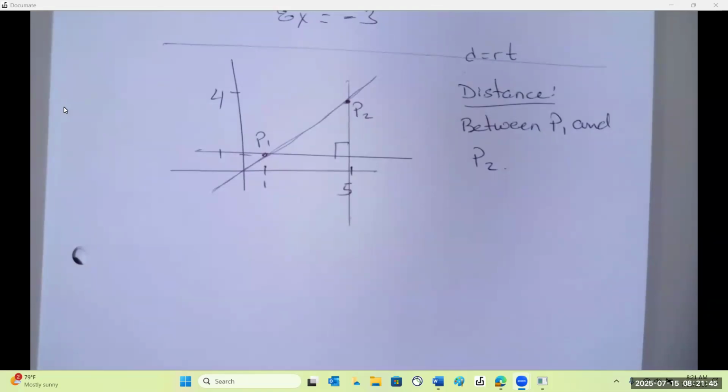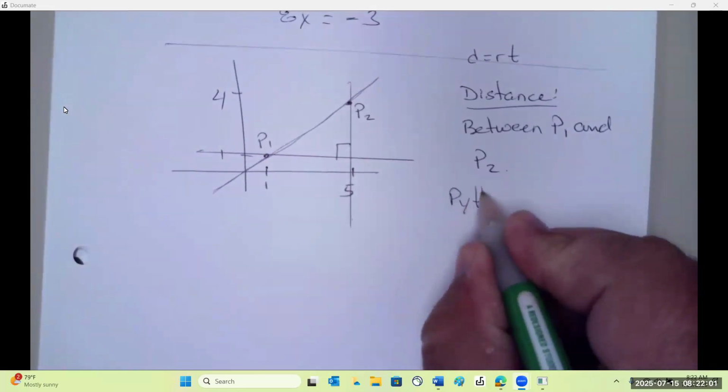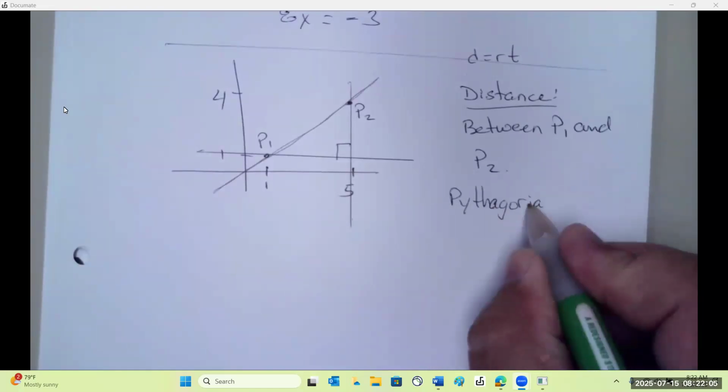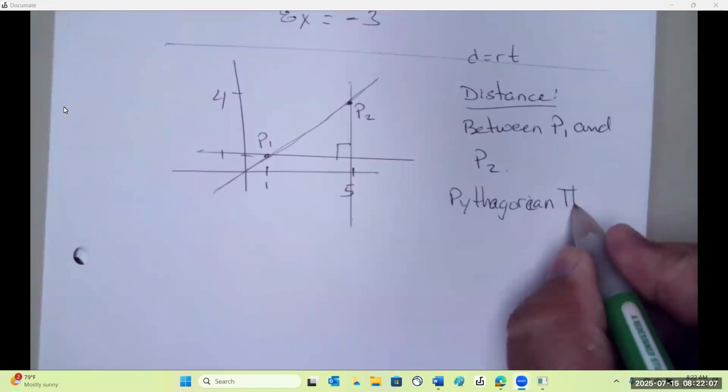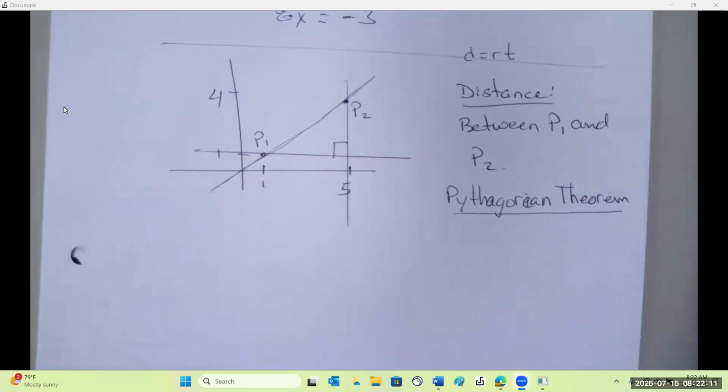Do we know any formulas for right triangles? What formula do we know for right triangles? Pythagorean theorem. The Pythagorean theorem.